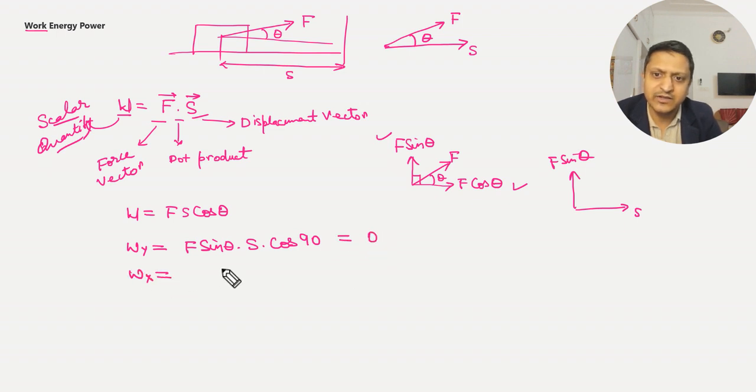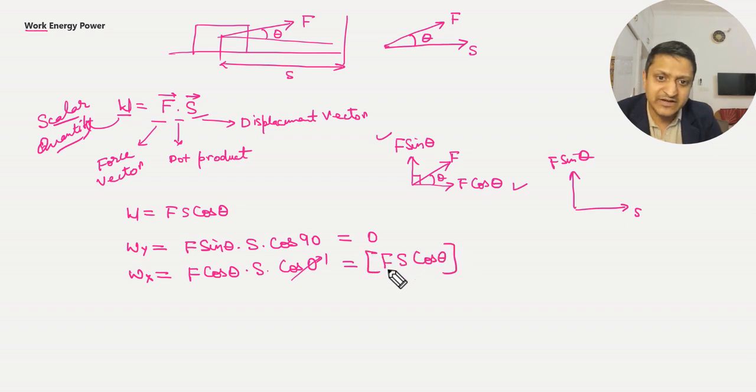And the work in the x direction is F cos theta dot S with cos 0 degree. This cos 0 becomes 1, so it becomes Fs cos theta. That's why we directly say the work formula is Fs cos theta.